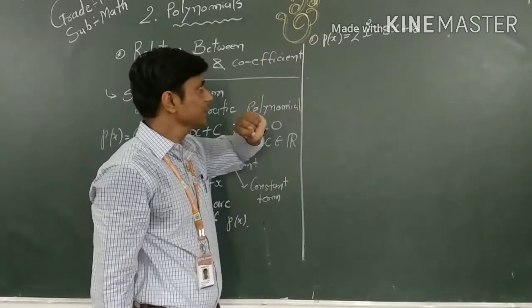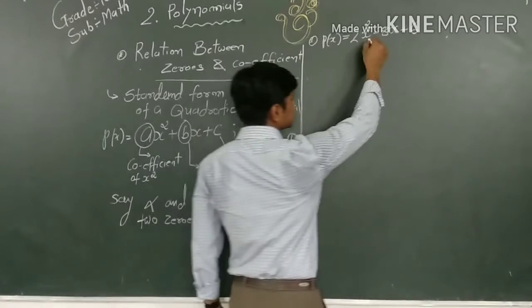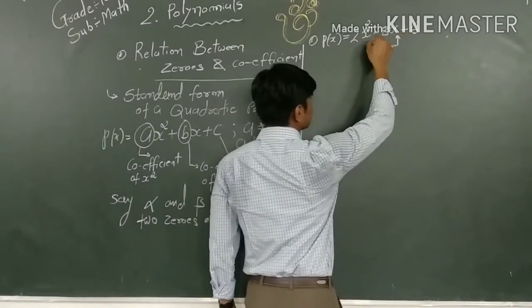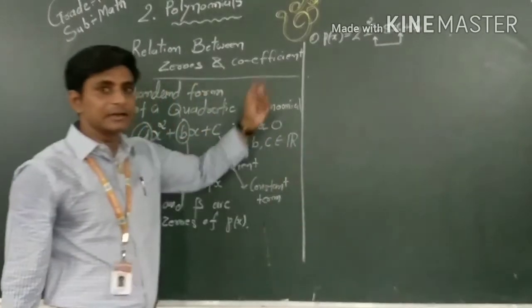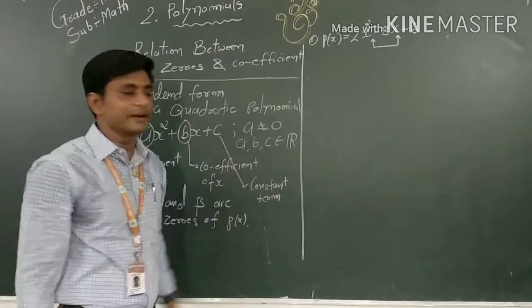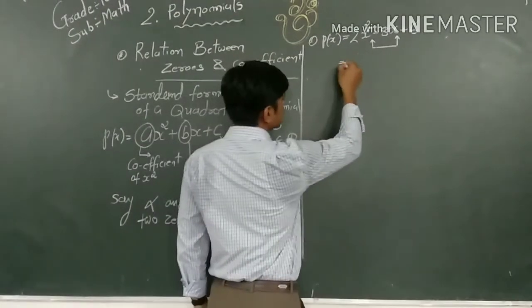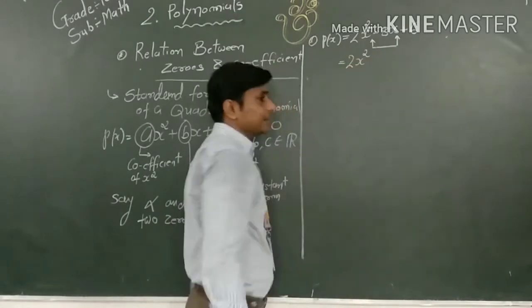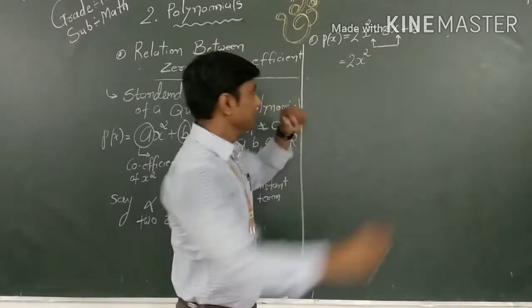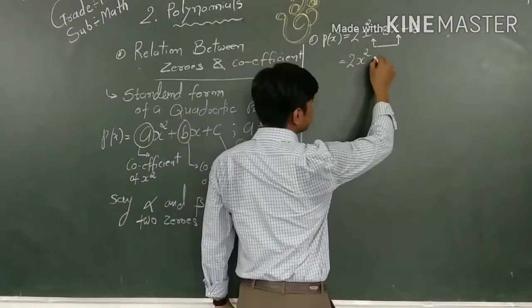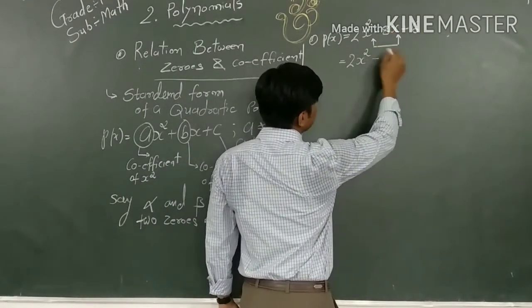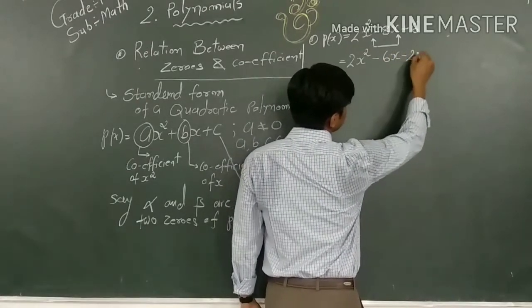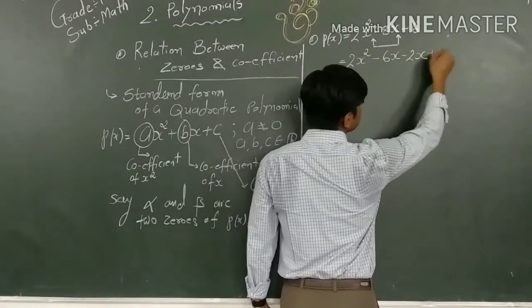How do we find them? By the factorization method. First, by the splitting method, we split the middle term into two different terms. That means 2x square as it is, and minus 8x we can write as minus 6x minus 2x, plus 6 as it is.